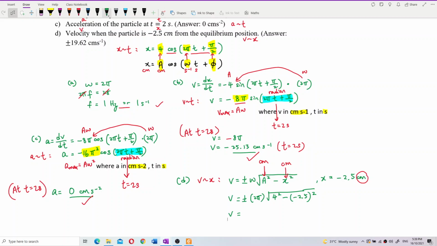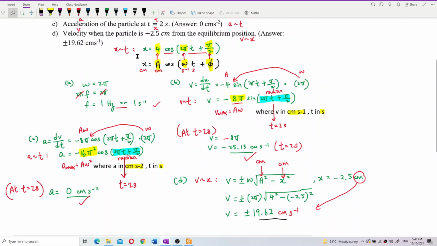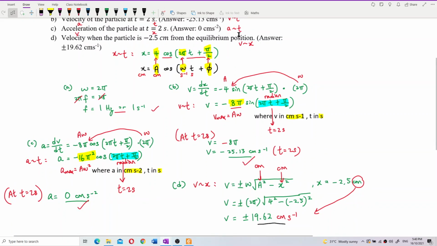I got the answer is plus minus 19.62. What's the unit? Because it follows the centimeter, displacement is centimeter, so velocity also centimeter per second. Is that correct? Yes. Velocity is plus minus 19.62 centimeter per second. That's correct.